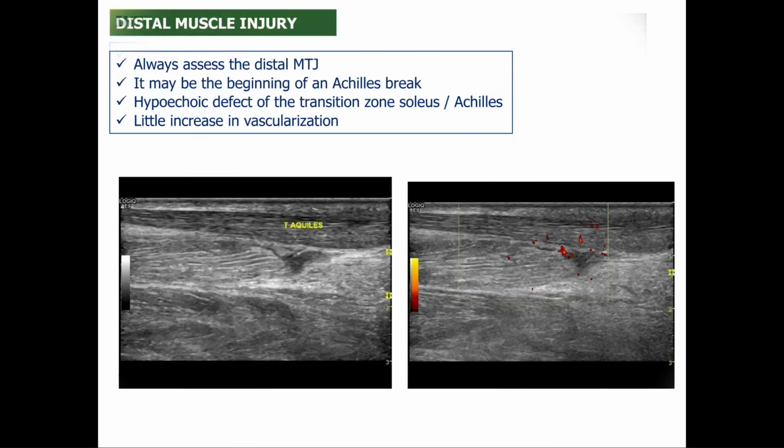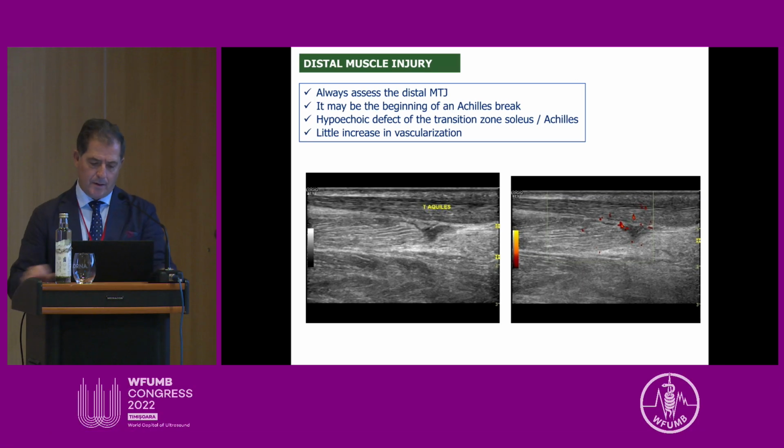But you should pay a lot of attention when you see this image in the distal fibers of the soleus, because normally we examine the proximal portion of the soleus in relationship with the gastrocnemius, but it's necessary not to forget this area.